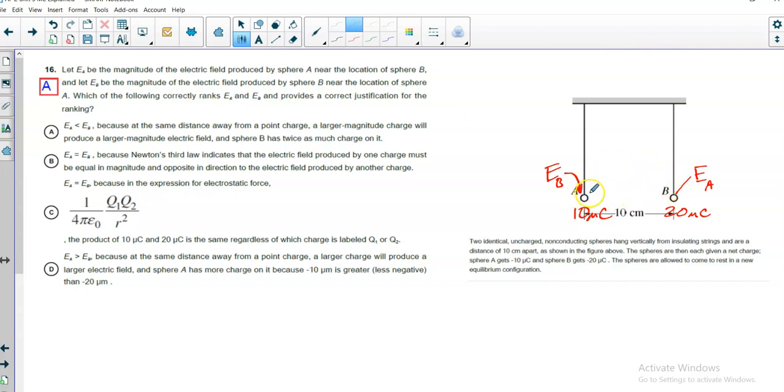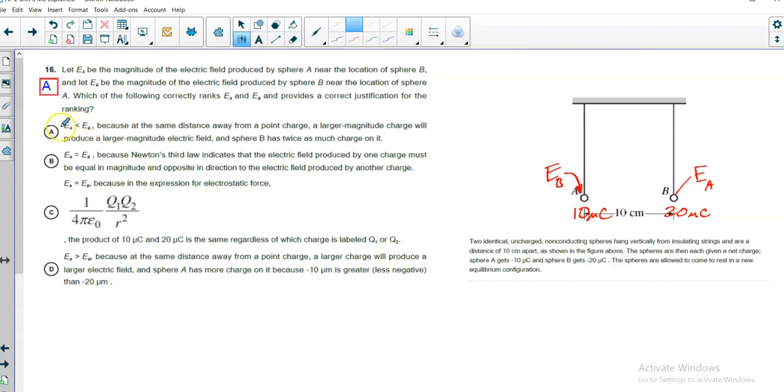B's field is going to be larger than A's, but it's going to act on a smaller charge when we do consider force, and therefore the forces will come out to be the same. In fact, B's field is twice as strong here at A as A's field is at B's location. So EA is less than EB.